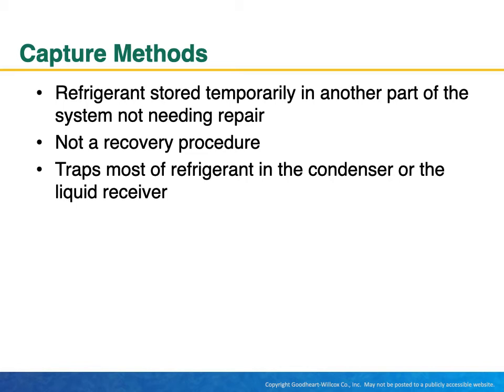So an example of this would be, let's say on a split system that you have to work on the evaporator section, you could pump down your refrigerant and store it all into your condenser and close off the service valves, of course.